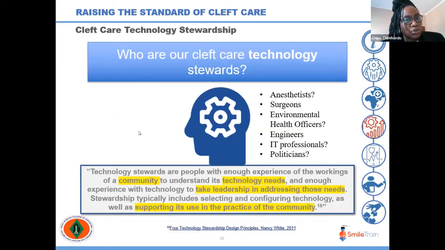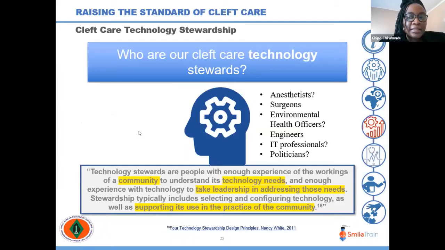We should also start thinking about who should be the right stewards for our technology. I cannot give that answer. I can only hazard a guess, but there are multiple people that need to be potentially identified for being stewards of our technology.